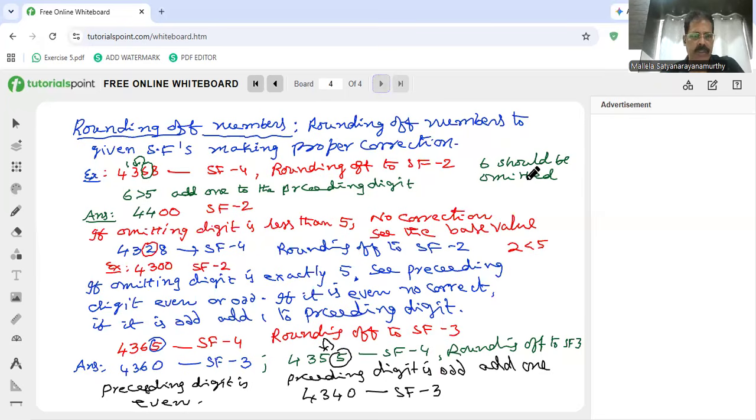6 should be omitted. 6 is greater than 5. Add 1 to the preceding digit. So you will get 4, 4. But the base value is 4000 here, 4368. If you write 44 only, the base value becomes 10s only, which is not correct.